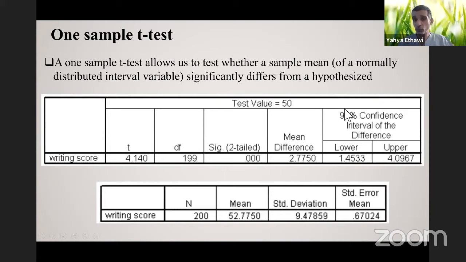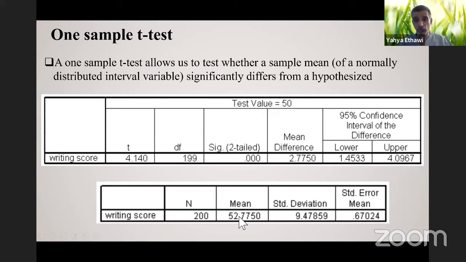So I will be 95% confident if the value of the hypothesized mean is between 1.4 and 4. So I will be 95% confident that this range of the hypothesized mean is equal to the actual mean. That's what we call the confidence interval: how confident you are between this and that value.